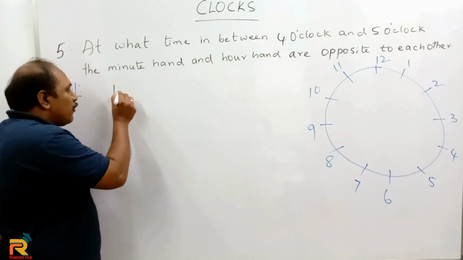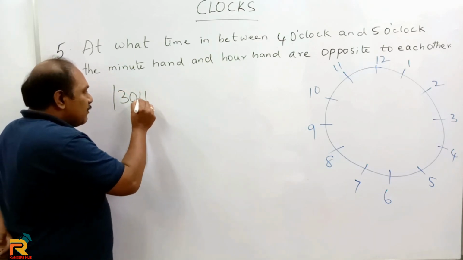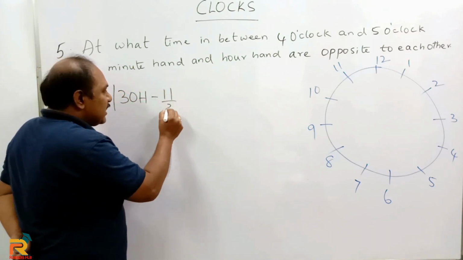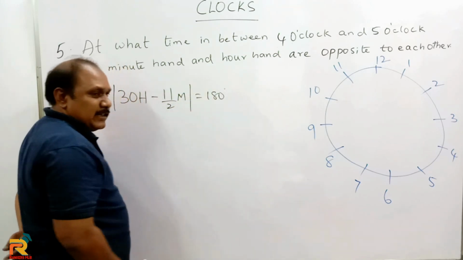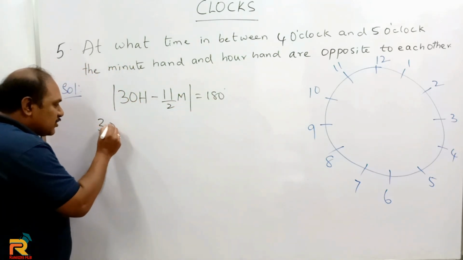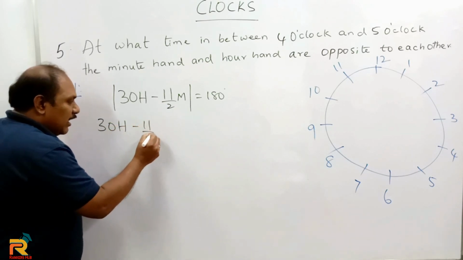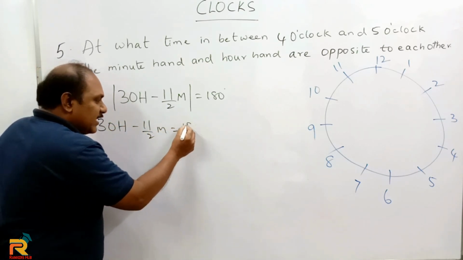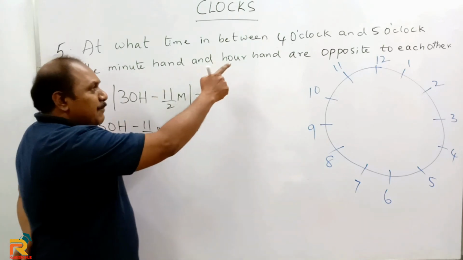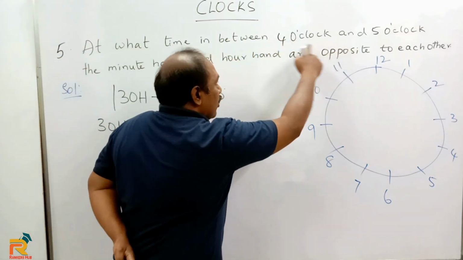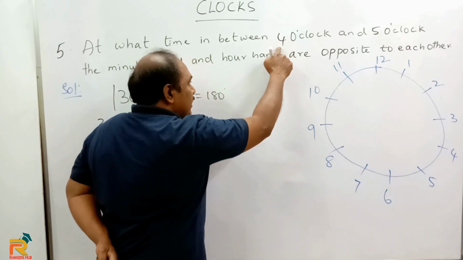So if I use a formula, I have to say modulus of 30h minus 11 by 2m is equal to 180 degrees. Now 30h minus 11 by 2m, I can take it as 180. So what is the value of h we have to take? The time is in between 4 o'clock and 5 o'clock. So hour hand will always represent 4.